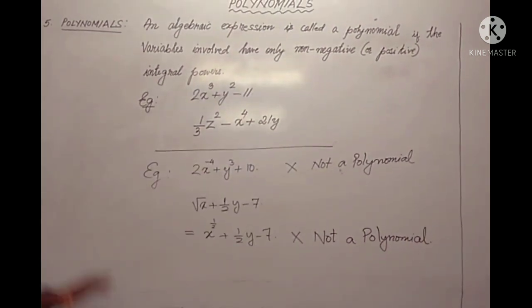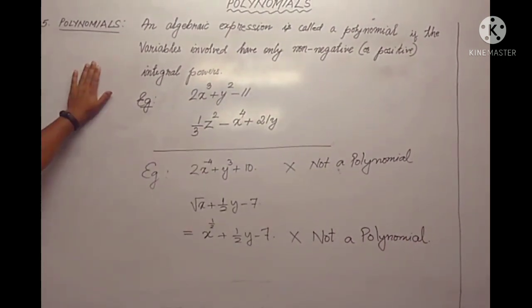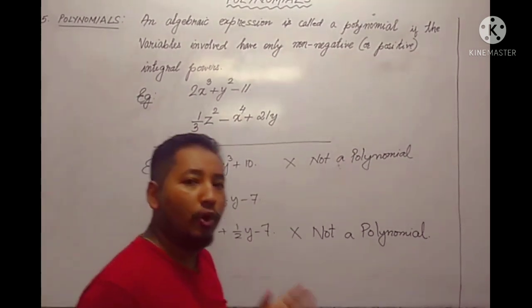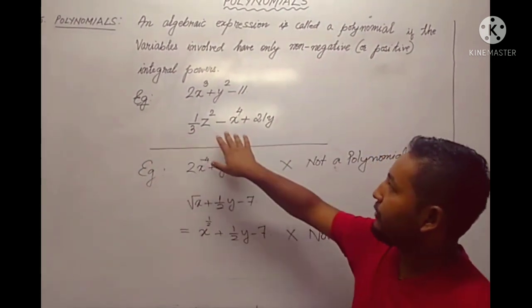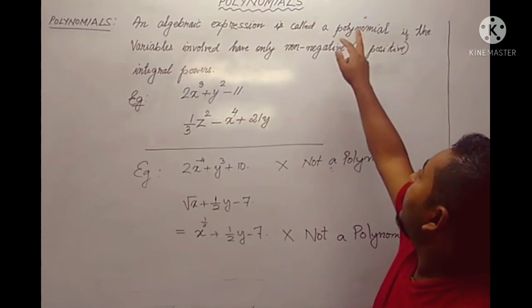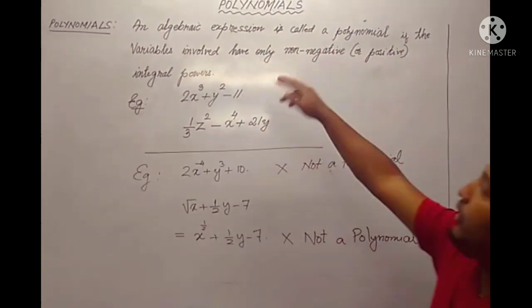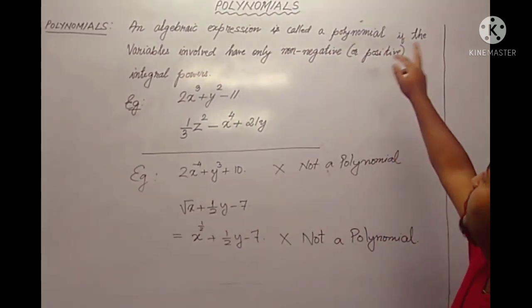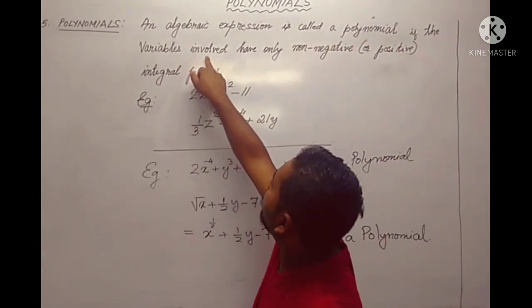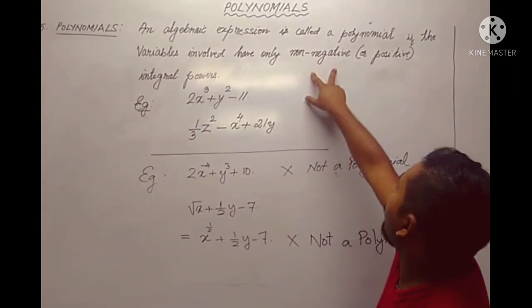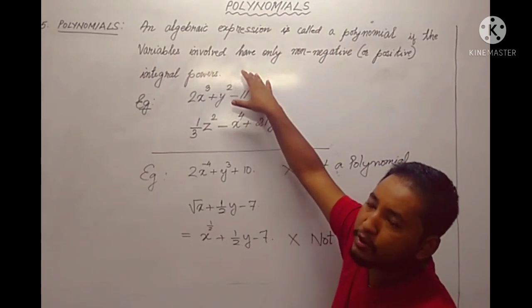So it is quite simple to understand now. So what is a polynomial? A polynomial is an algebraic expression if the variables involved have only non-negative or positive integral powers.